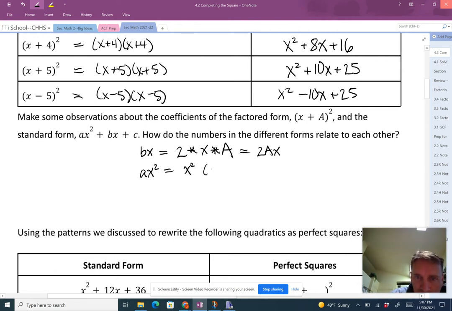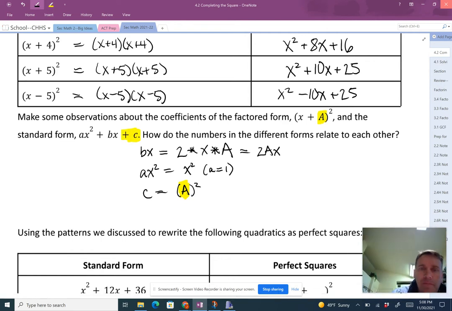In other words, it's because a is equal to 1, so we just have x squared. And then your last term, c, is equal to that big A squared. So just take a, and you square it, and that will give you the c term here.